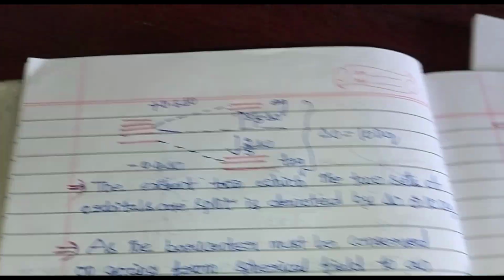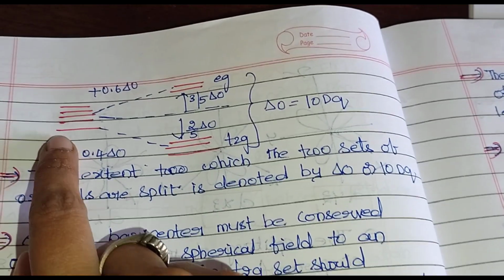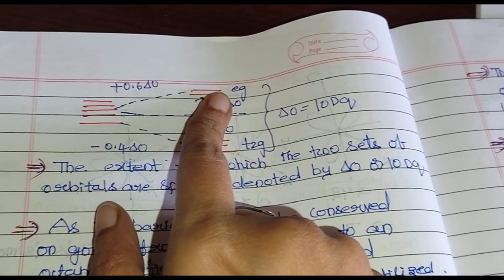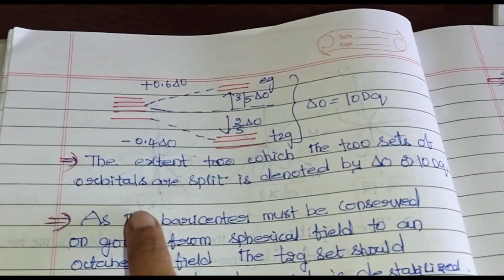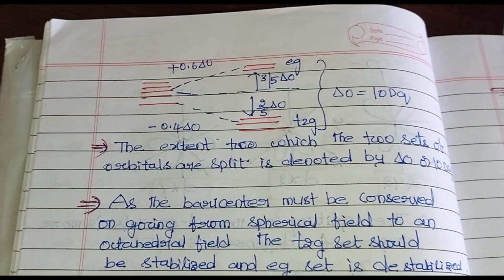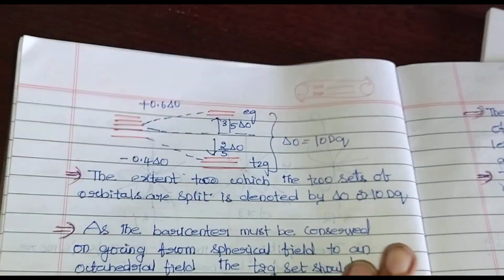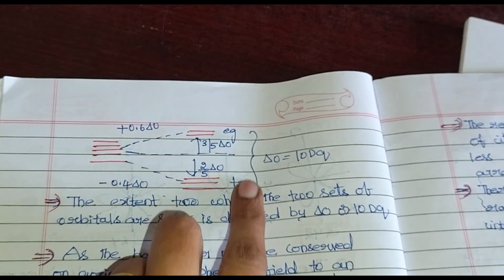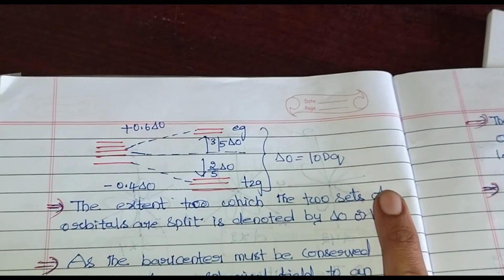Next, I will explain it. When the 5d orbitals are split, up is Eg, I already told you, and down is T2g. The extent to which these two sets of orbitals are split is denoted by delta 0; how much it is splitting is denoted by delta 0, which is equal to 10 Dq.